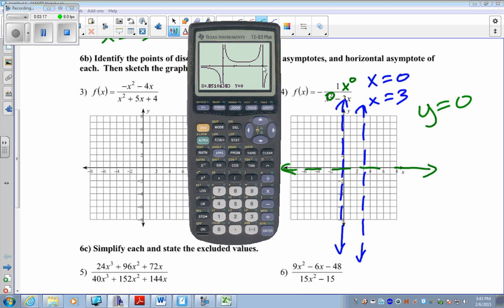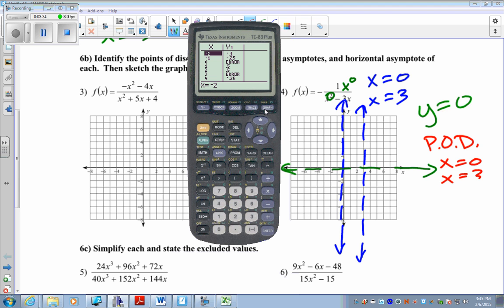Now, points of discontinuity. Points of discontinuity are all of your errors. So when I looked at the errors, I skipped over this, but those are the points of discontinuity. X equals 0 and x equals 3. Sometimes those are also, when we look back at the graph, those can be holes, but in this case they're all asymptotes, vertical asymptotes. Now we have to just draw this graph.